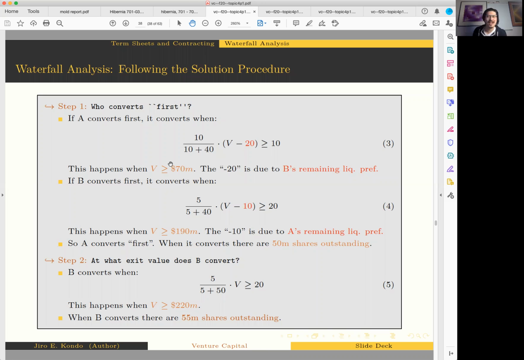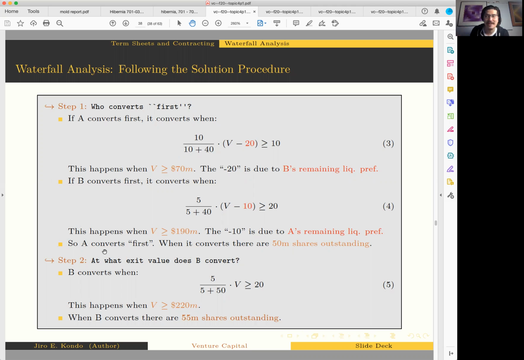The next question we ask is, who goes next? Now, who goes next is the same thing as who goes last in this particular example. But if we had, let's say, 3 rounds of funding, then we would ask, what if A goes first? What if B goes first? And what if C goes first? You see what I'm saying? And then we would pick the lowest number.